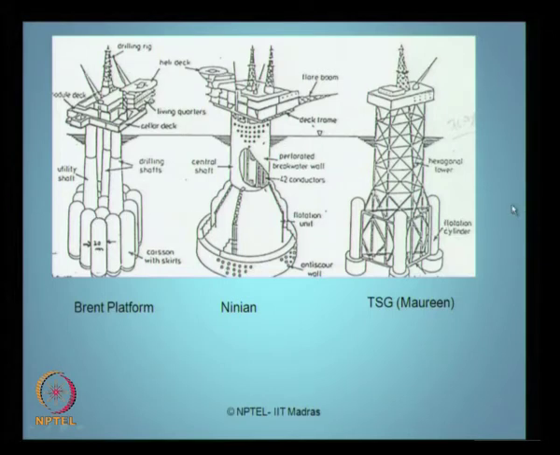I want you to observe this commonness. All of them have a caisson base at the bottom. These caisson bases are very large in diameter and size. They help them to float, and the void spaces in the caissons will help to store the crude oil on exploration.